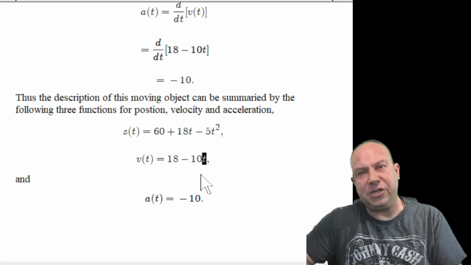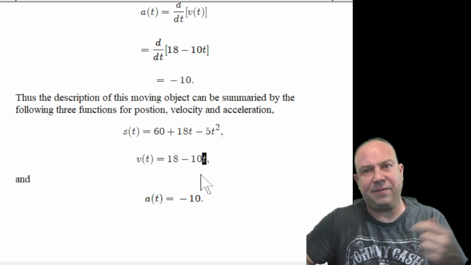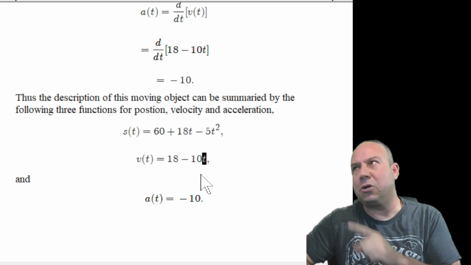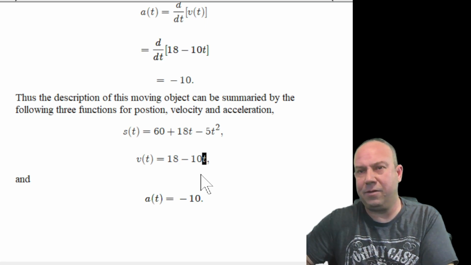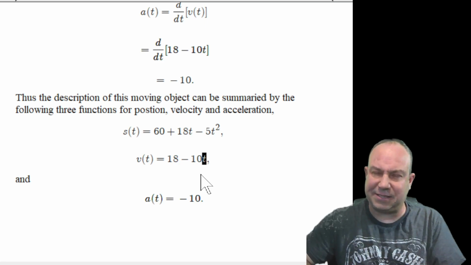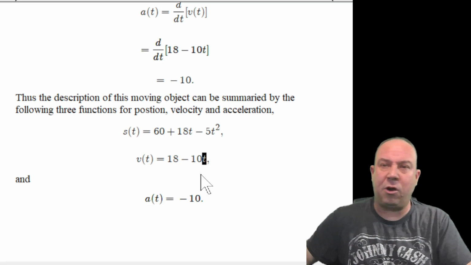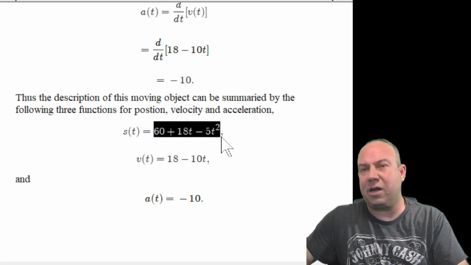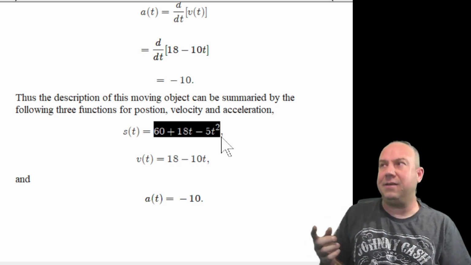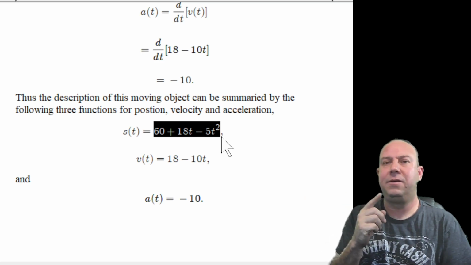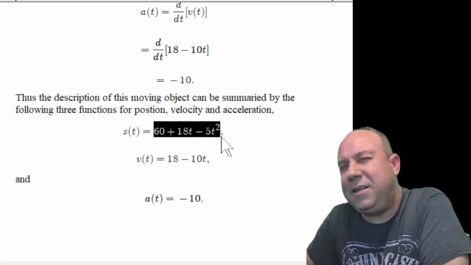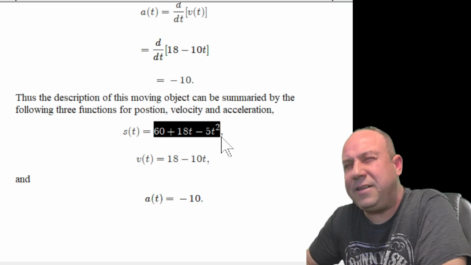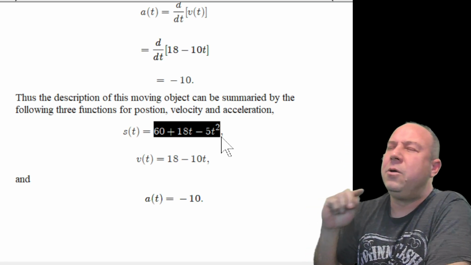My acceleration at time t equal to 0 would be -10 feet per second squared, because it's going to be constant. At 1, we know position is going to be 73 feet on our number line. The velocity will be 18 minus 10 times 1. It would be 18 minus 10, which is 8.